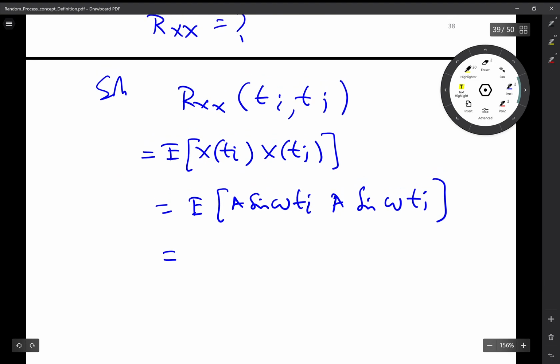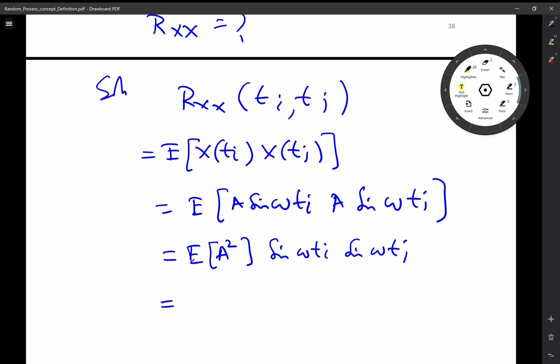It will be equal to E of A square sine omega ti sine omega tj. What will be E of A square?